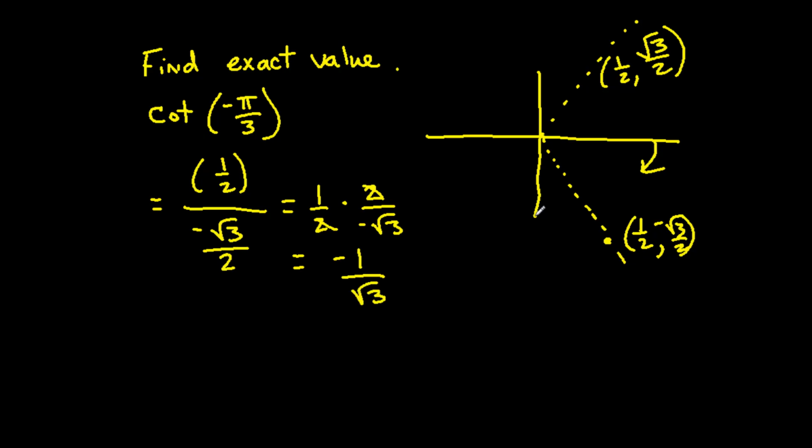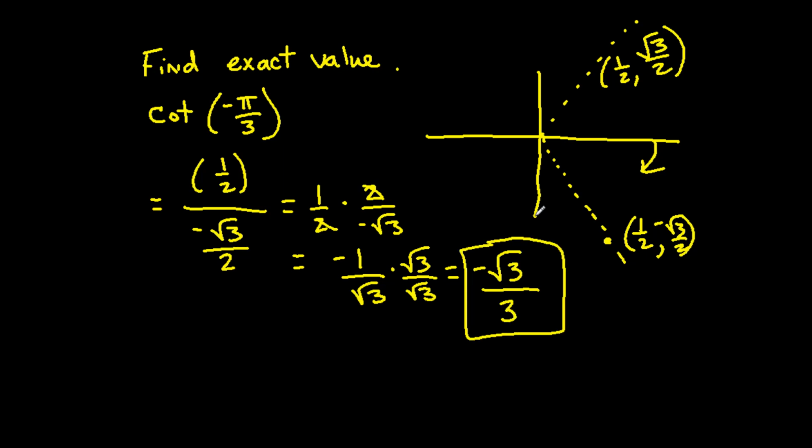But we're not allowed to leave a square root in the denominator of a fraction, so we will multiply by that same square root divided by itself, and we would get negative square root 3 divided by square root 9, which is 3. So final answer is negative square root 3 divided by 3.